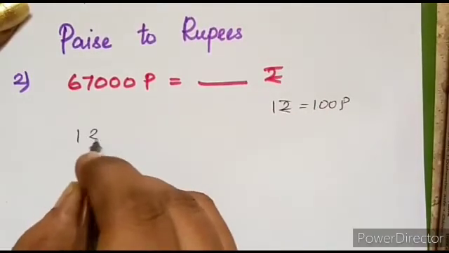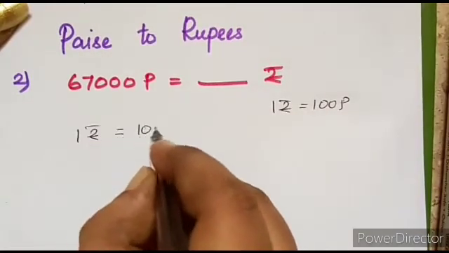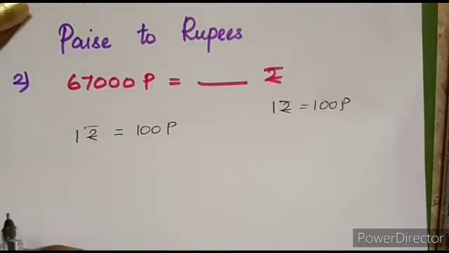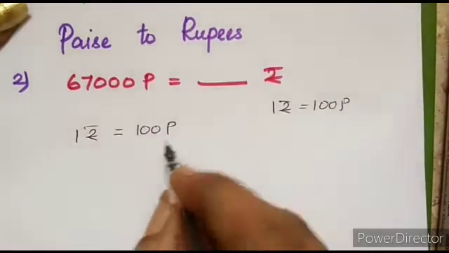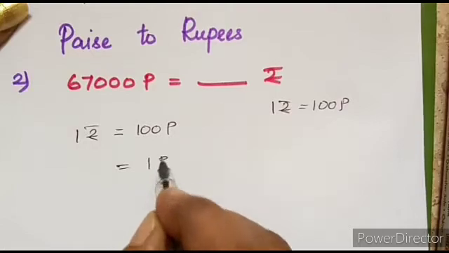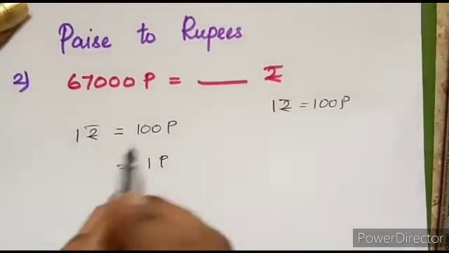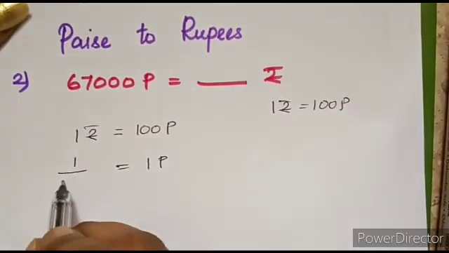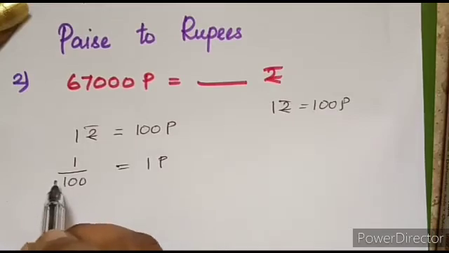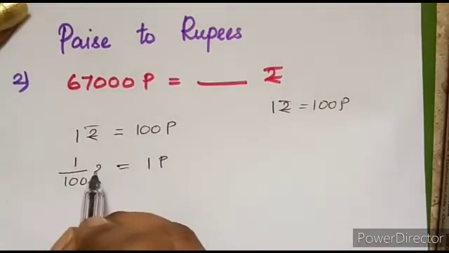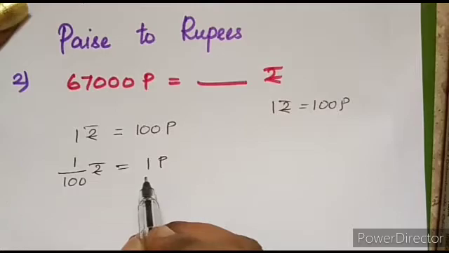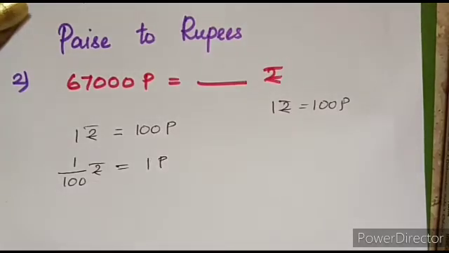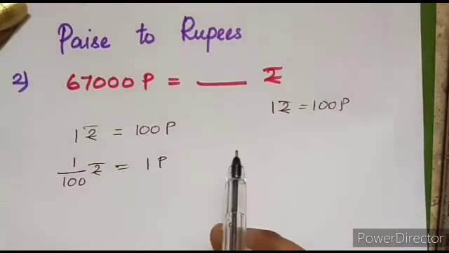So from here we know that for 1 paise, the 100 will go to this side. 1 by 100 rupees is equal to 1 paise. This is the relation we are going to use to convert paise to rupees.